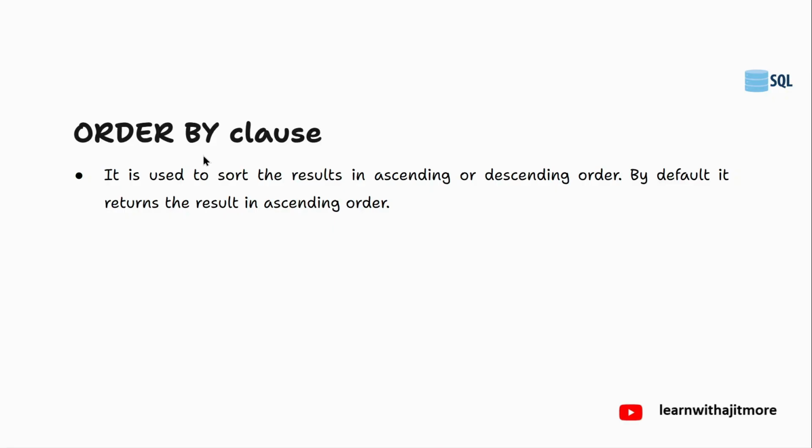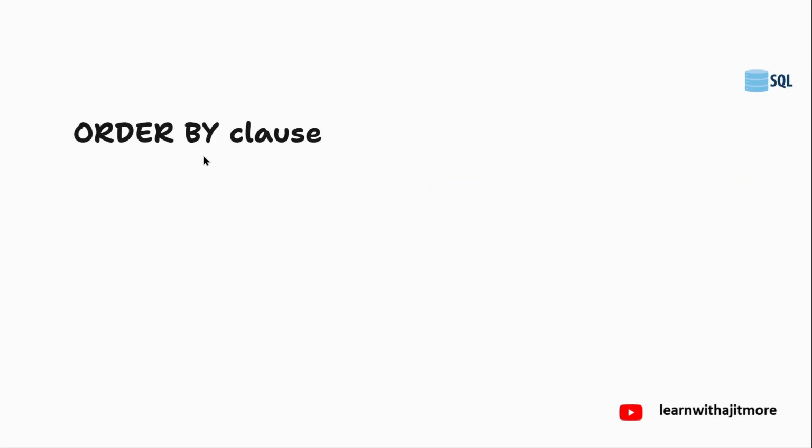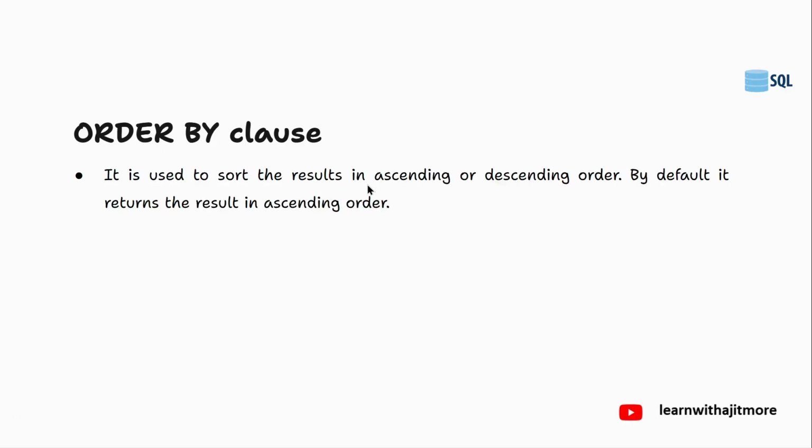So what does order by do? Basically order by is for presenting the records in sorted order. And what is sorting? I told you it is a process of arranging records in which manner? Alphabetic manner, or in ascending or descending manner. It is used to sort the result in ascending or descending.